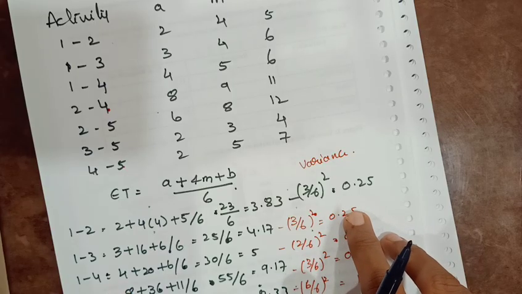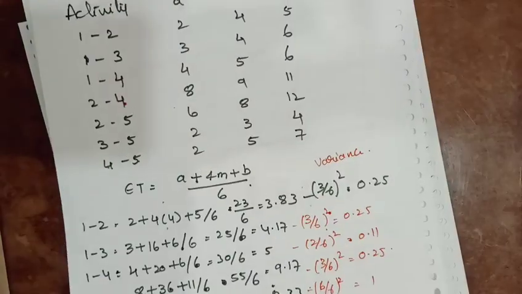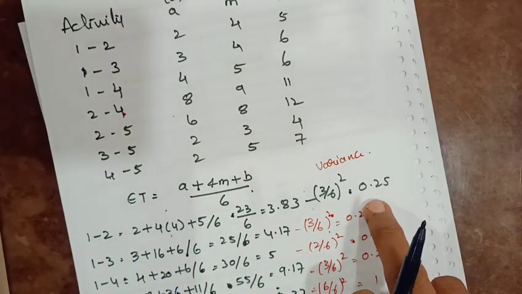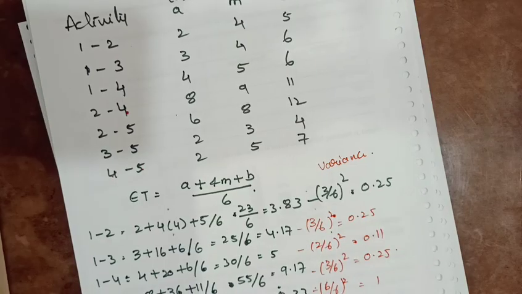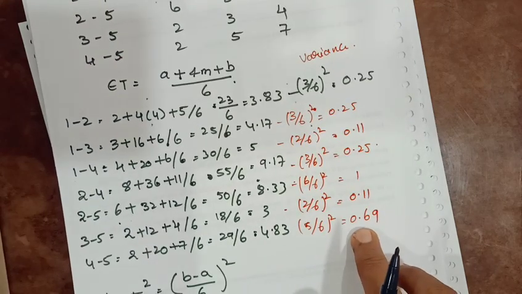The critical path we have identified is 1 to 2, 2 to 4, 4 to 5. So 1 to 2 is 0.25, 2 to 4 is 0.25 and 4 to 5 is 0.69.